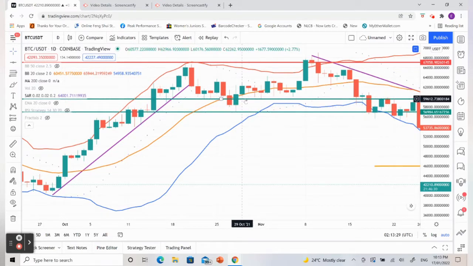If it breaks this first line, what you call your support level or price, of around 59,737, then this would be another area of value of around 57,047.